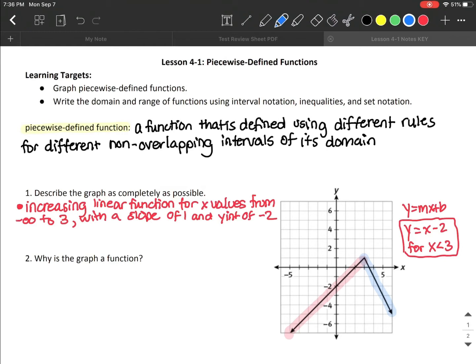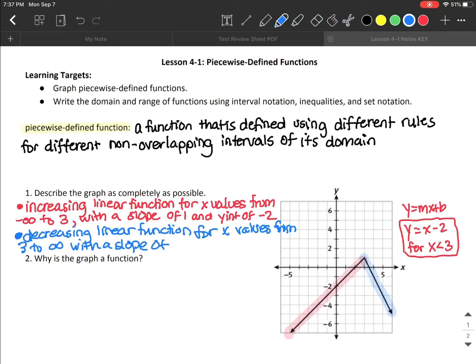Then for the blue piece, this is a decreasing linear function again, because it's part of a line, for x values from 3 to positive infinity.